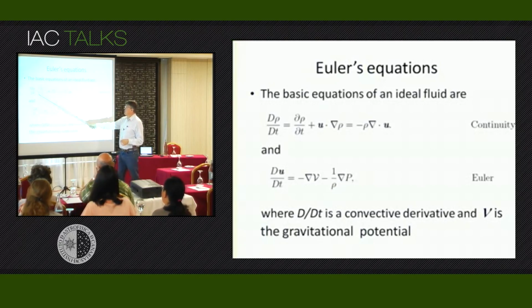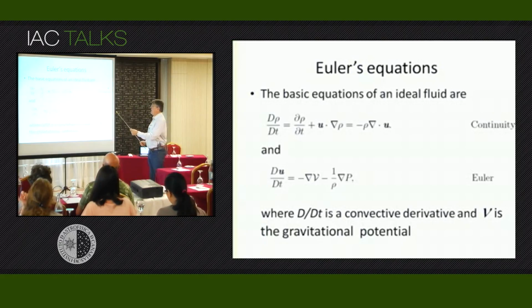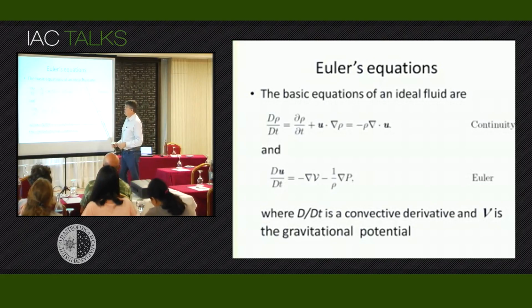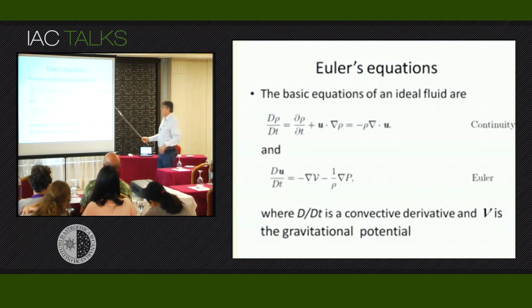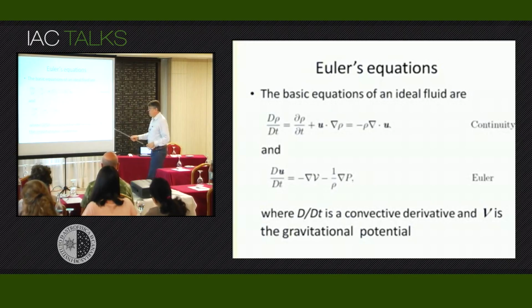And the convective derivative of the velocity, going along with the fluid element, is equal to the forces applied. So this is just Newton's law for fluids, Newton's law of acceleration. And this is the gravitational potential.